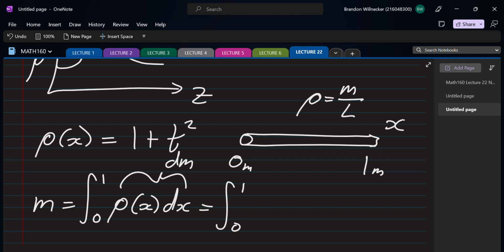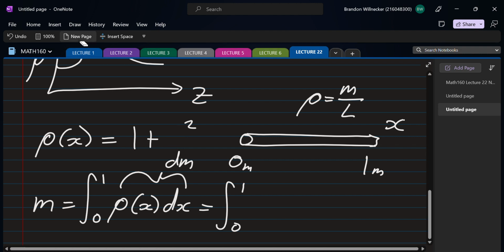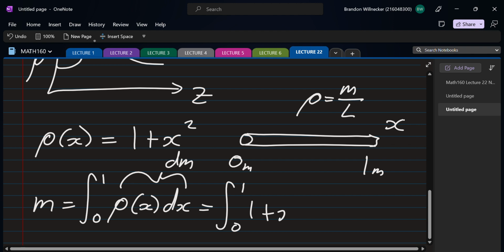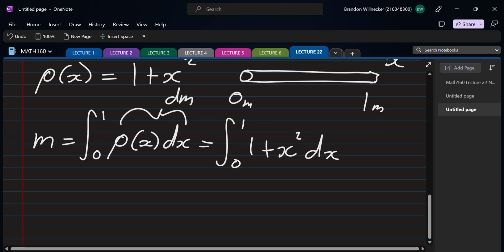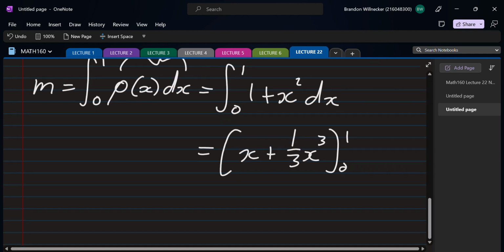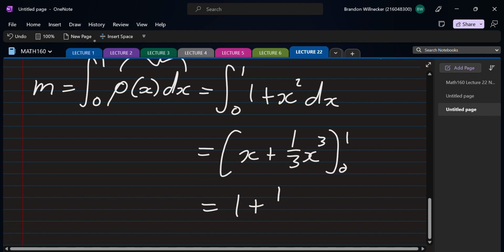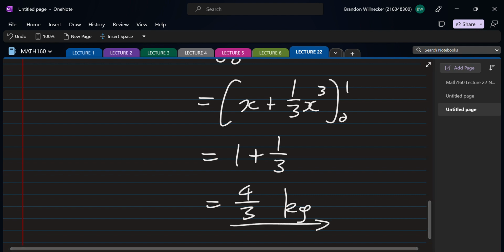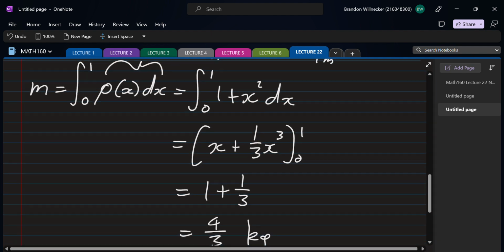So this will be the integral from 0 to 1 of 1 plus x squared dx. That is x plus 1/3 x cubed from 0 to 1, so 1 plus 1/3, which is 4 over 3. Maybe kilograms or grams, depending on how we're measuring the mass.